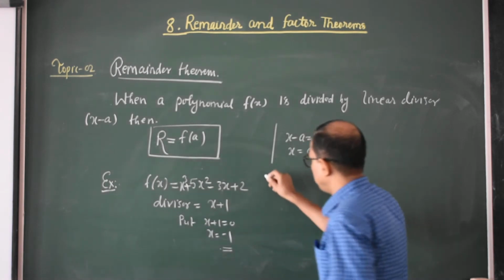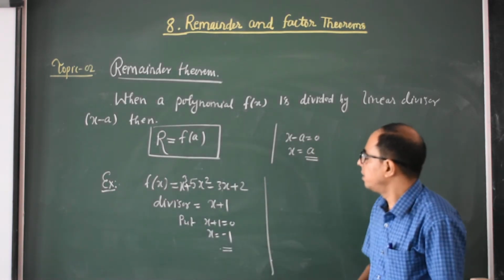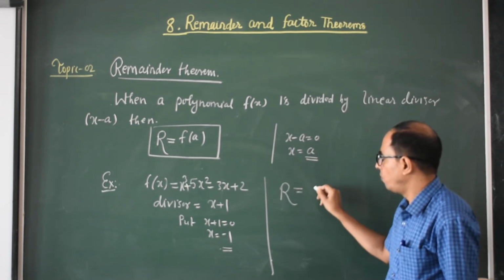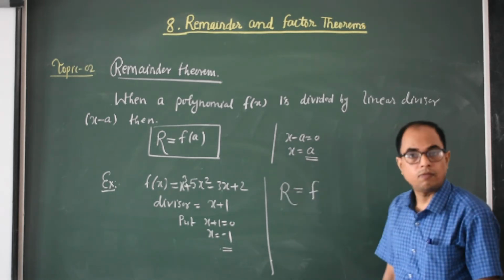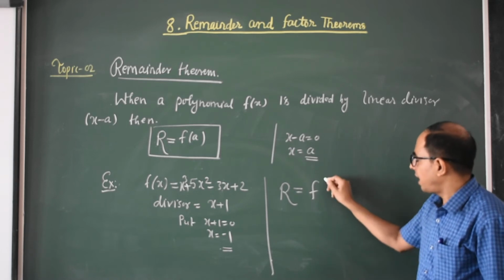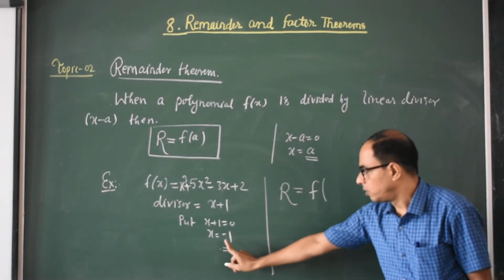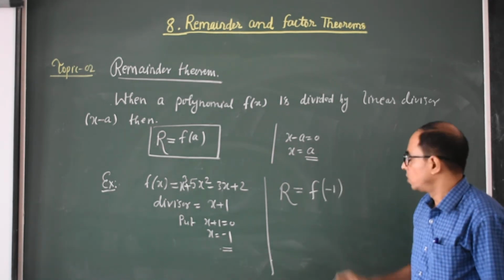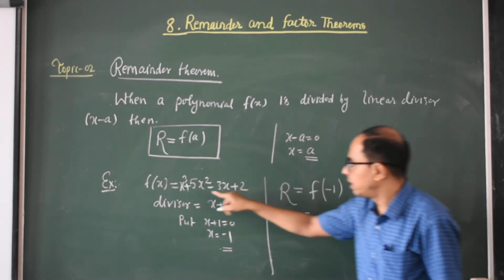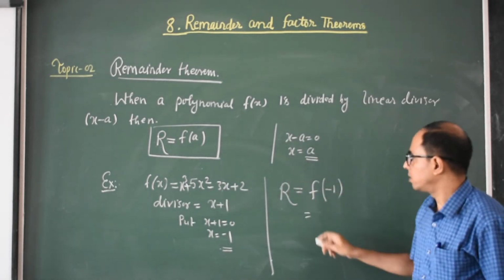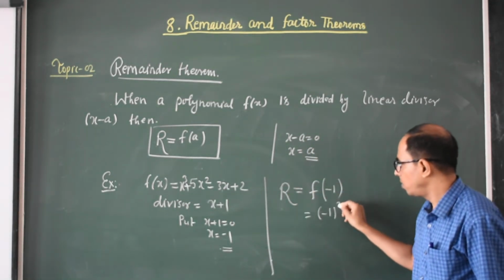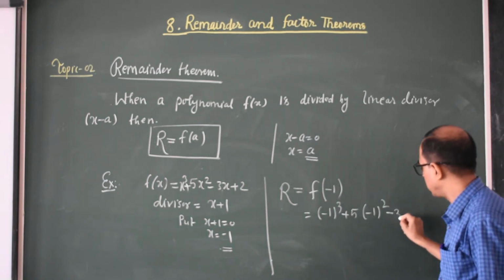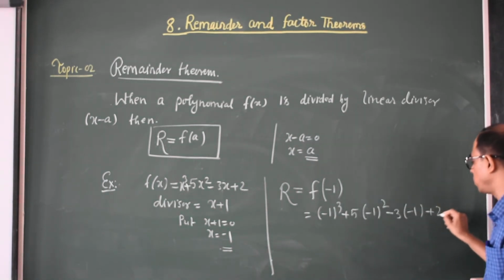Now what is the remainder? According to the remainder theorem, the remainder will be equal to the value of the polynomial at x equal to minus 1. So in the polynomial, in place of x substitute minus 1. So minus 1 whole cube plus 5 into minus 1 whole square minus 3 into minus 1 plus 2.